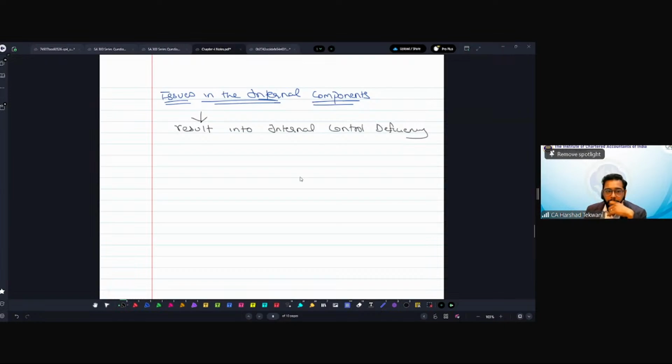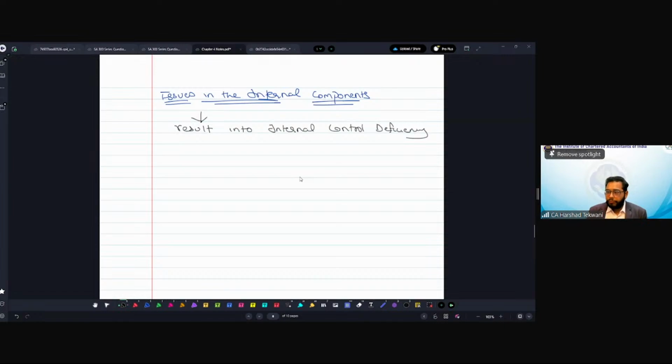I am not sure, but I would like to say that if an internal control system has been there in the entity, which is planned and applied properly, but at the time of execution, it is deficient. It is not followed properly, or the process for the application and its monitoring and review was on the weaker side.